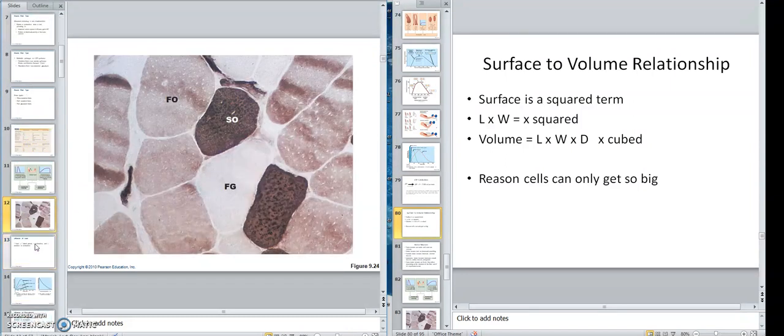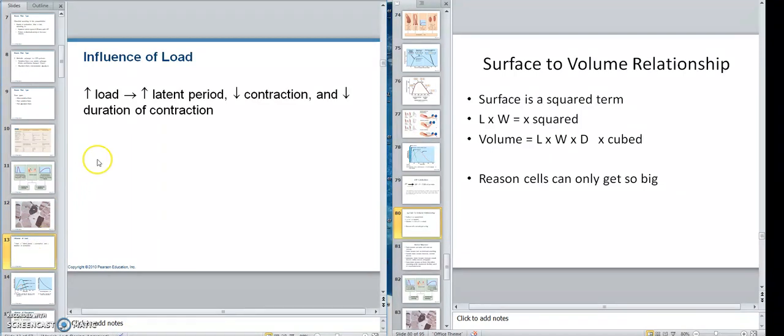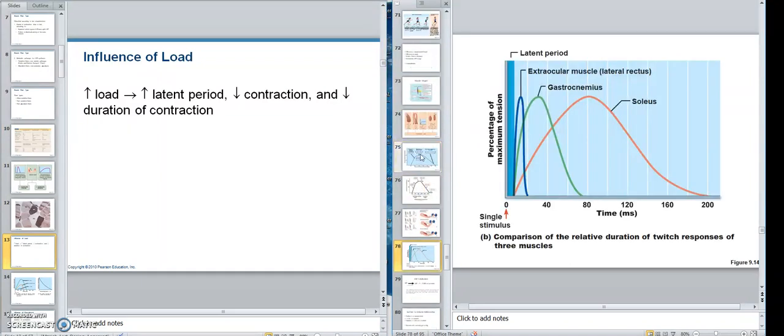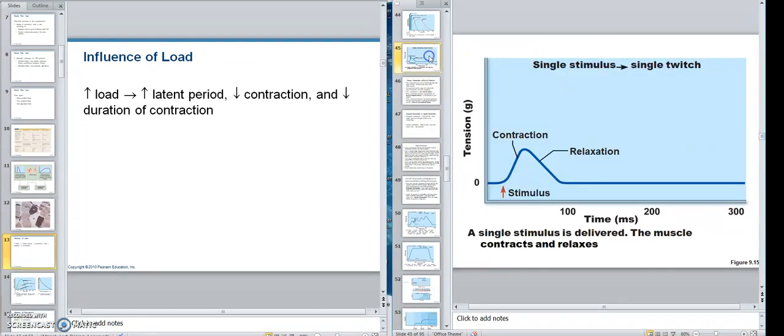Here's this picture. Influence of load: increase the load, increase the latent period. Now let's go back over here. If the load is increased, then it's going to take a longer time before you do enough recruitment, because if the load is heavy, you got to recruit a lot more.